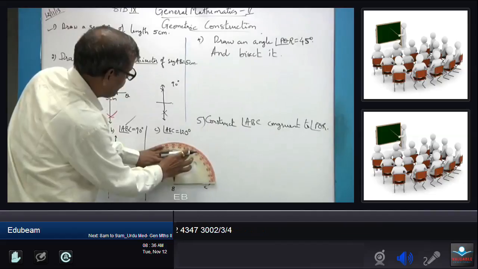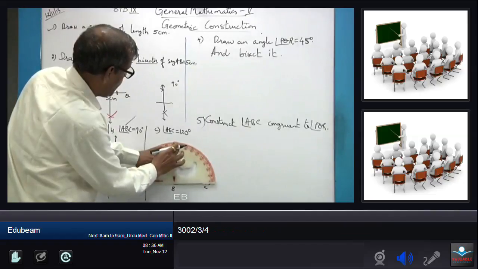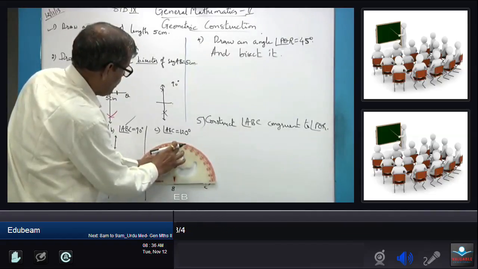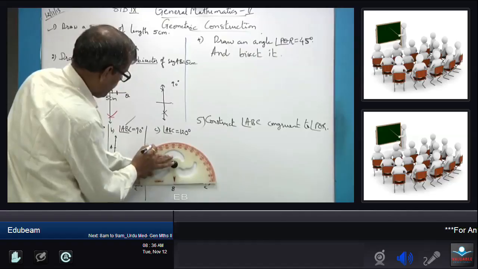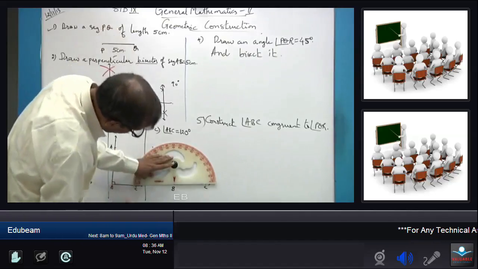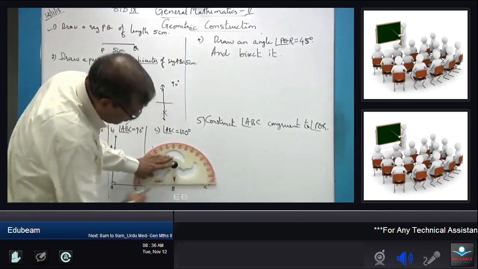Now you can change it here, make it a little smaller, and on this point, draw an arc here with the same measurement. Now don't change it.